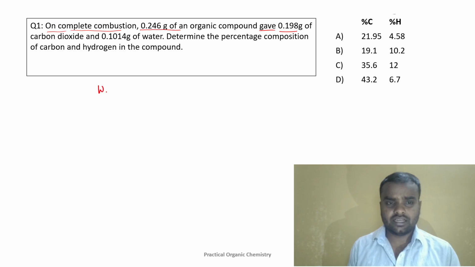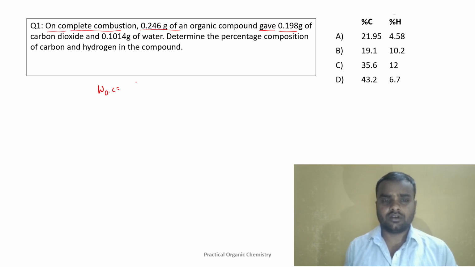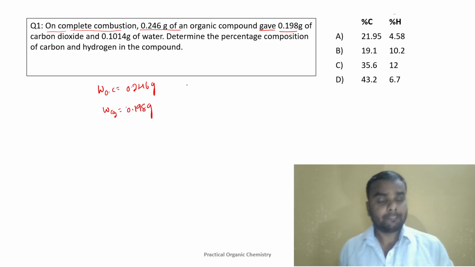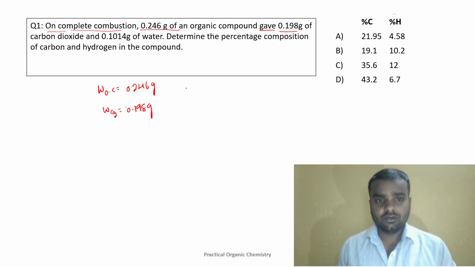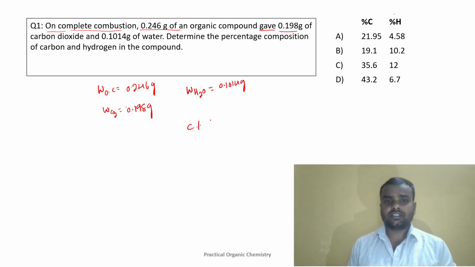So, given data: weight of organic compound 0.246 grams, weight of carbon dioxide 0.198 gram, and weight of water 0.1014 gram. Then we need to find the percentage of carbon.